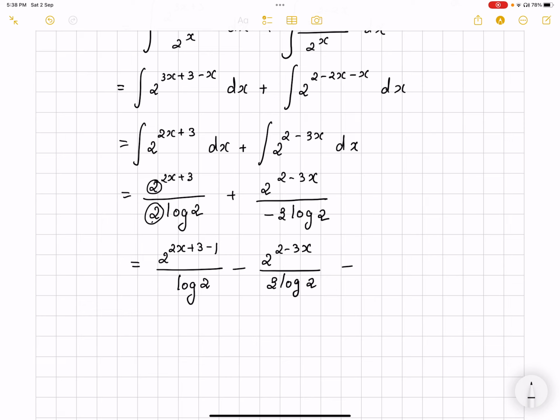That would work. Plus c. So all the possible ways I'm getting my answer in an elegant way. Something is common, so let me bring it into the standard form. That would be better. 3 log 2 plus c.